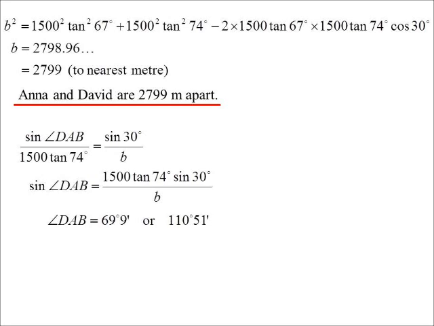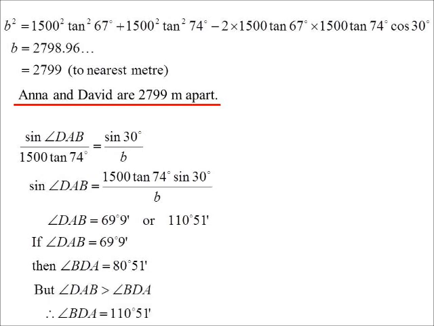And 2 possibilities. Remember, we're dealing with the sine rule here. Is it possible I could get an obtuse angle? So 69.9 degrees, or maybe it's 110.51. Now, if it is 69.9, then by the angle sum of a triangle, BDA would have to be 80.51.